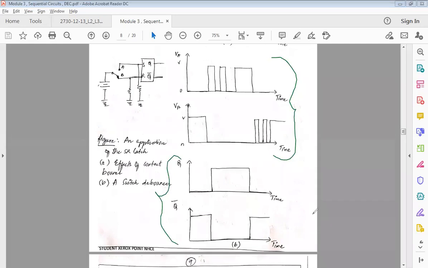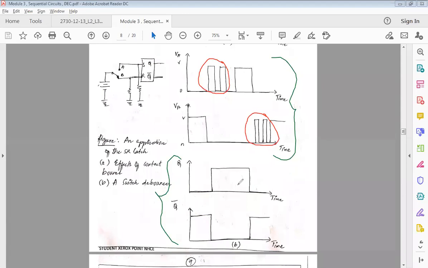So once I give these inputs here, what is going to happen? I will not see these kind of pulses. So these kind of pulses are not observed. Fine. So let us now see what is happening.